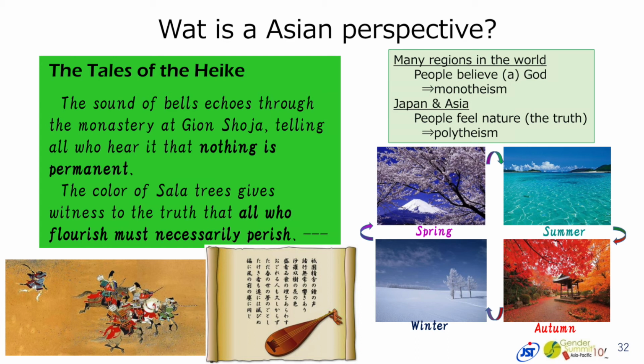In many regions in the world, people believe in one God, but we are different. The nature around us is always changing, and we feel that is truth in our life. So Asian people have real diversity.